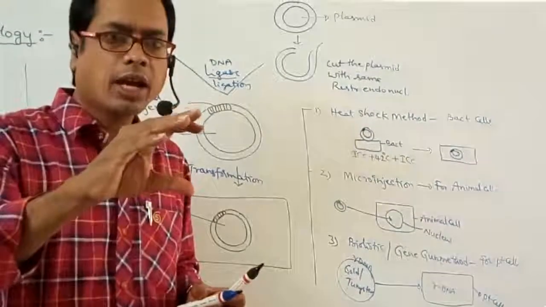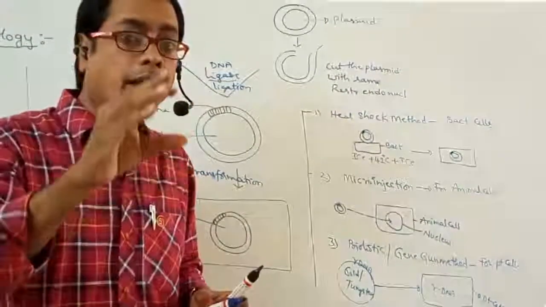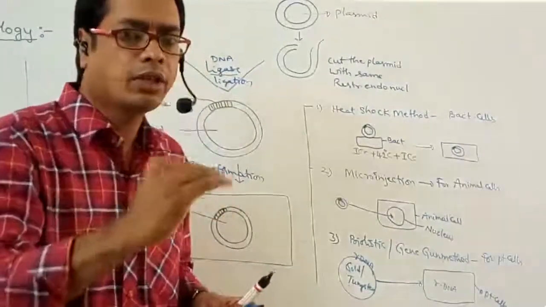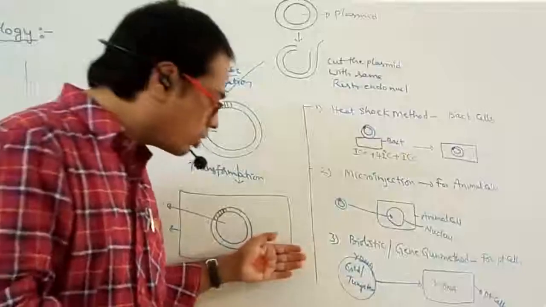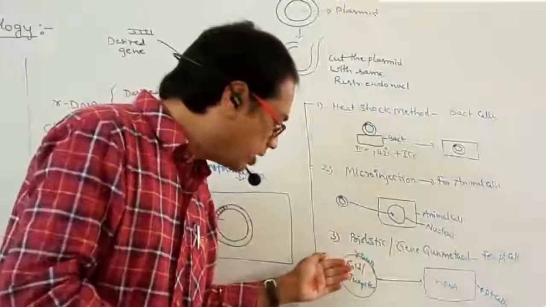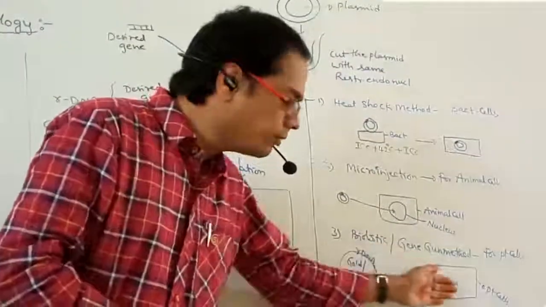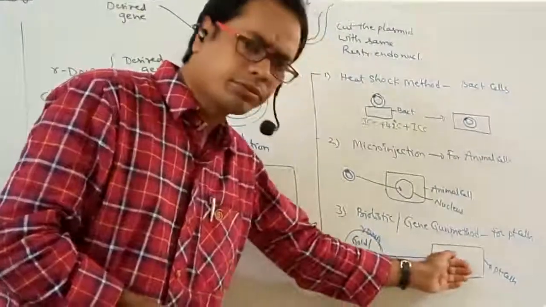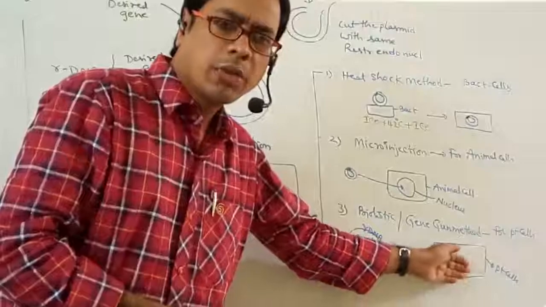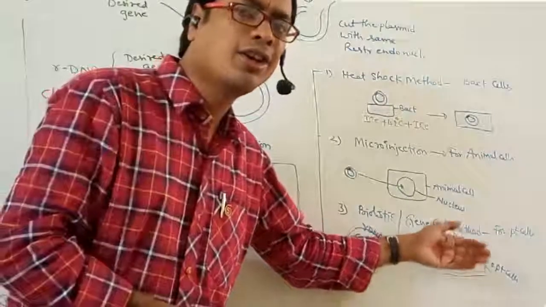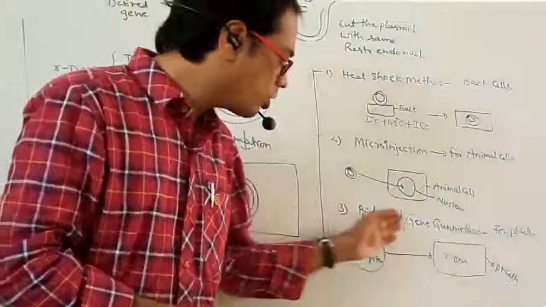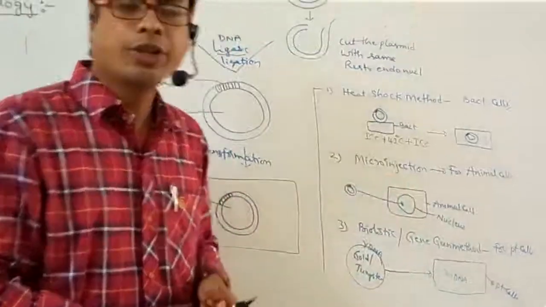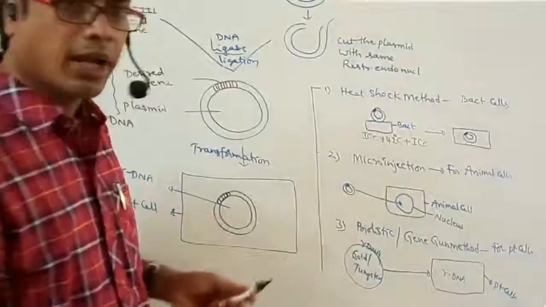They are coated with rDNA. When bombarded into plant cells, these particles enter the plant cell, so the rDNA also enters. This is the so-called biolistic or gene gun method. It is applicable for plant cells.